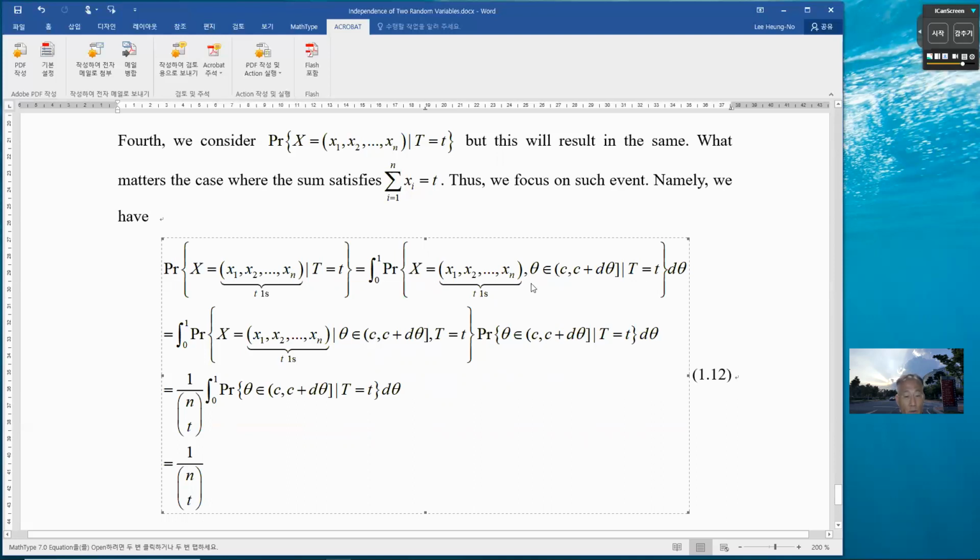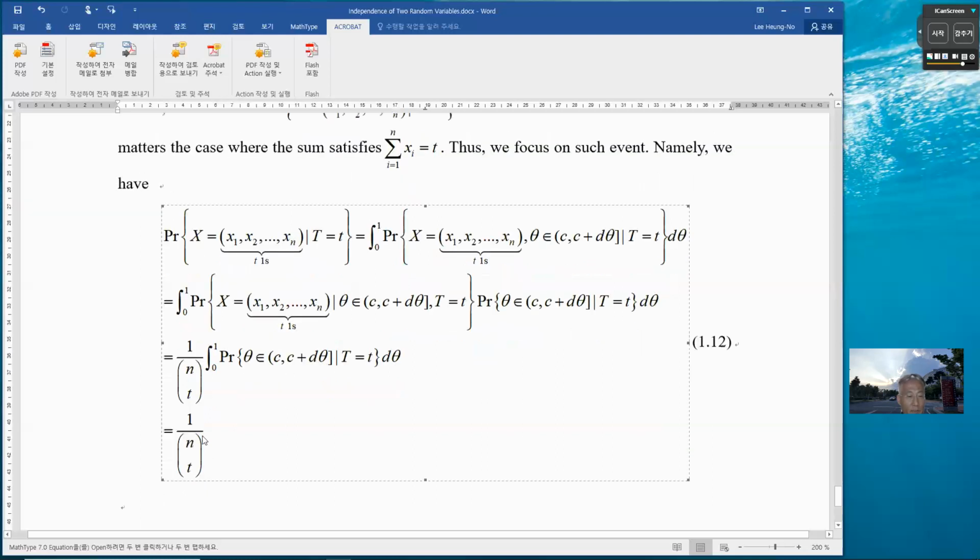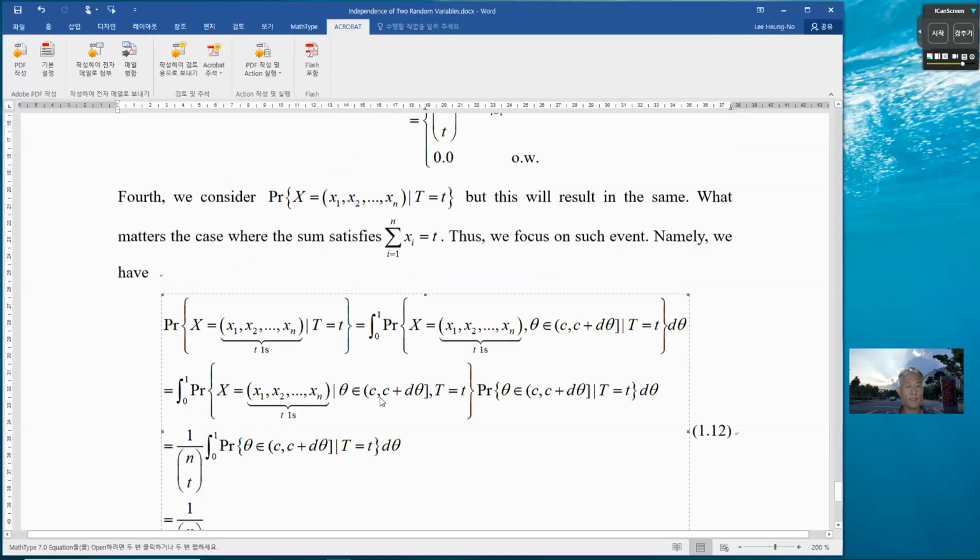Then using conditional probability, I condition on theta, and this term appears, so I have to multiply with this probability. Utilizing the previous result that this probability is 1 over n choose t, this is a constant, so I move it outside and have the integration move inside. Then this probability is equal to 1, and what I have left is 1 over n choose t.